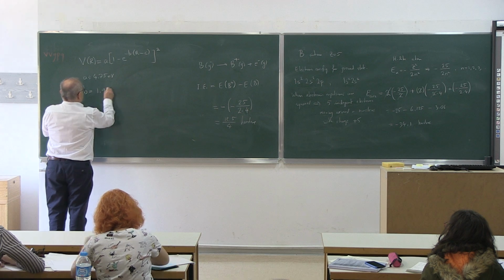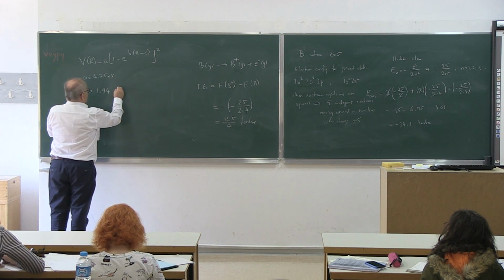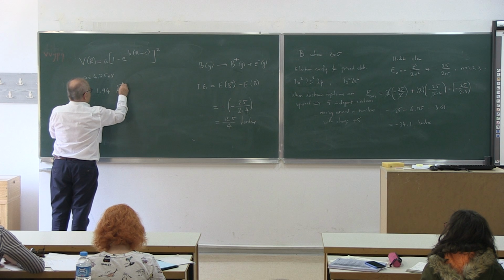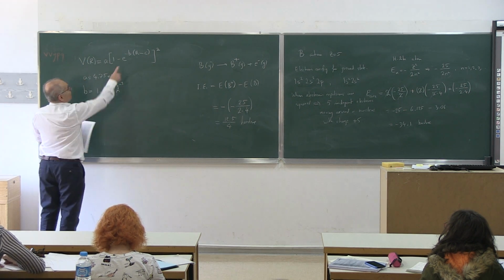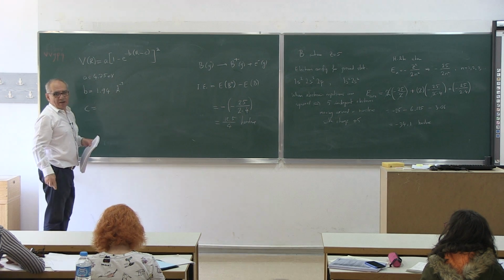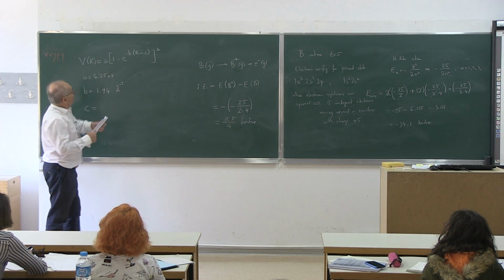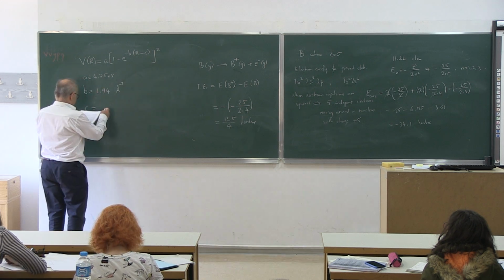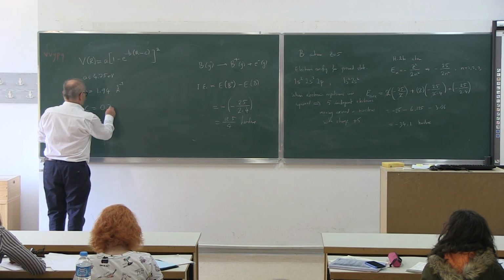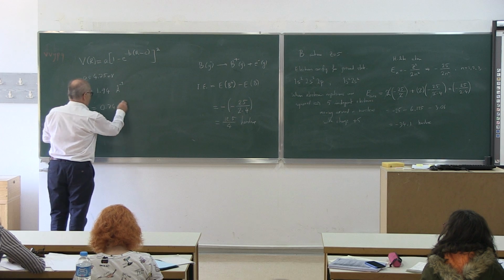It is given as 1.94 1 over angstrom. What about C? R is in angstrom, so C should also be in angstrom. It is given as 0.74 angstrom.